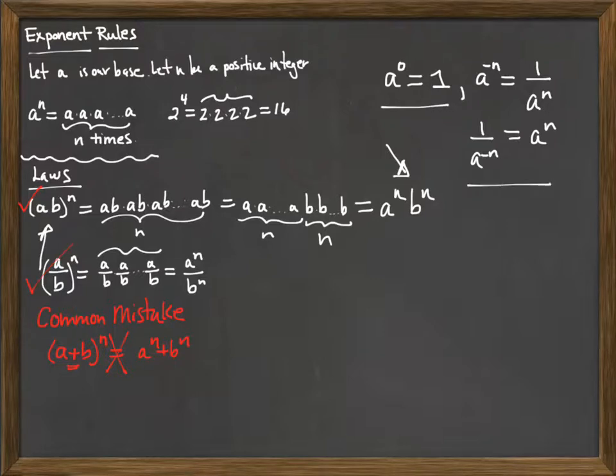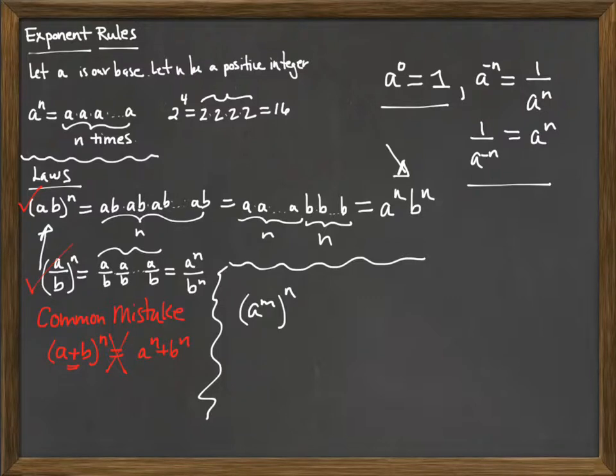Alright, so back to some of our laws here. We realize that we can distribute a power over multiplication and quotient. What happens if we have a base raised to a power that we then raise to another power?